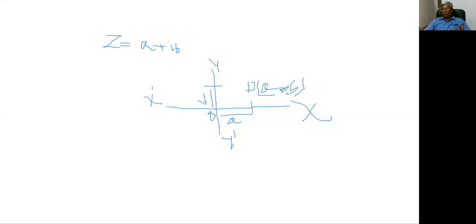So the question we raised in the previous lecture, whether there is any justification that Z is equal to a plus iota b is a complex number? Yes. This is the justification: according to Argand, the real part of a complex number may be written on the x-axis, whereas the imaginary part b may be written on the y-axis.